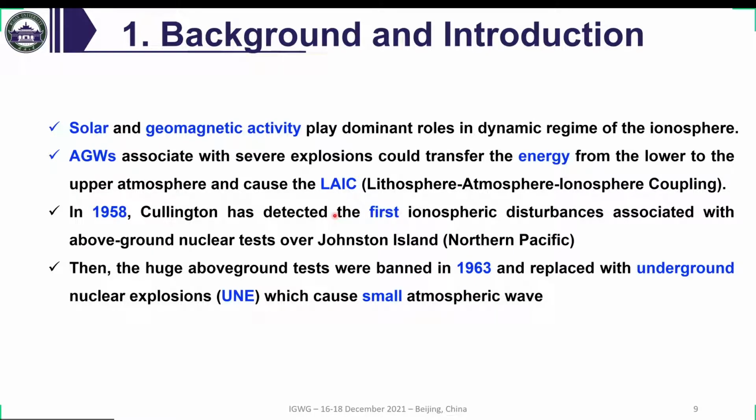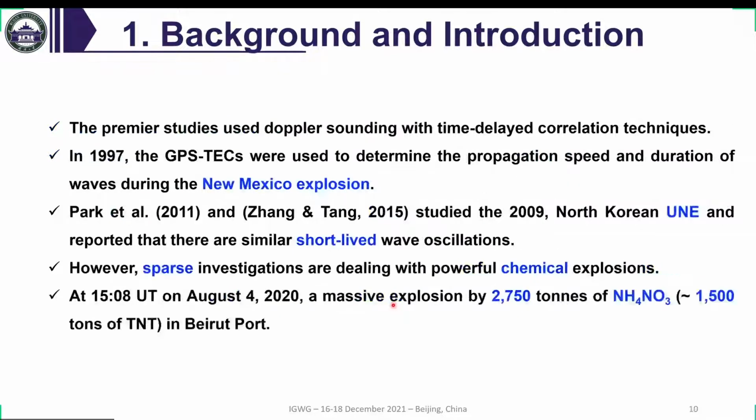The first ionospheric disturbance was associated with above-ground nuclear tests over Johnston Island in 1958. In 1963, above-ground tests were banned and replaced with underground nuclear explosions, which gave small atmospheric waves.